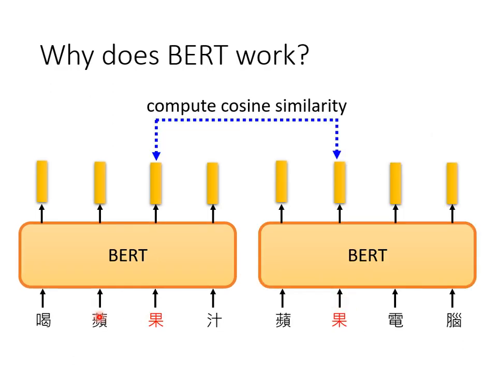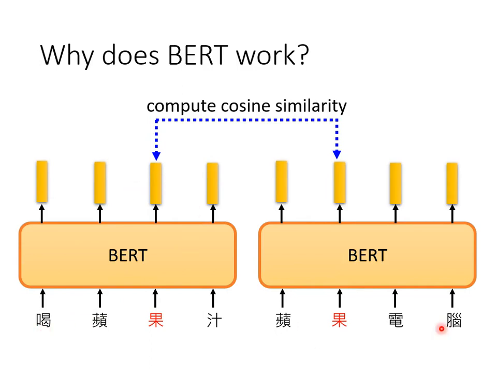And I will show you a real example now. Suppose we now consider the word apple. We will collect a lot of sentences that have the word apple, like drinking apple juice, Apple MacBook, and so on. Then, we put these sentences into the BERT. Next, we will calculate the corresponding embedding of the word apple. Input drinking apple juice and get a vector for apple.